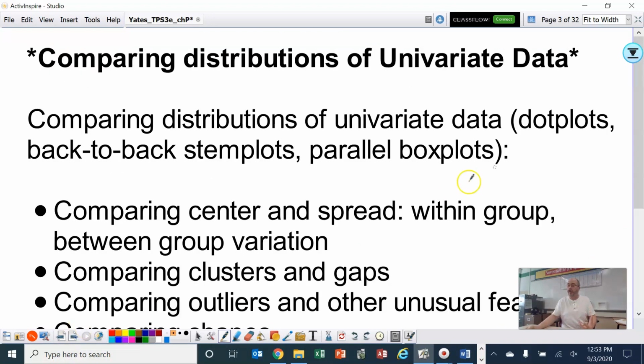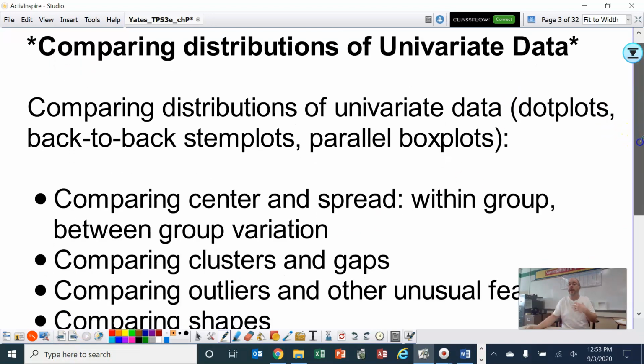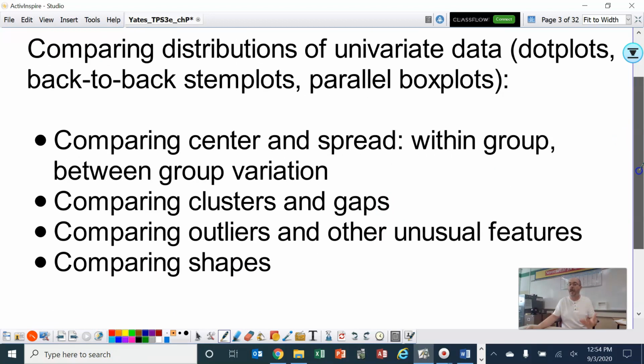All right, we're going to compare distributions. Okay, we're going to compare dot plots. We're going to compare back-to-back stem plots. We're going to compare parallel box plots. We're going to look at displays where we're going to be able to compare them. When we compare them, what are we going to look at? Well, it's almost like the same thing we just saw. We're going to compare the center. We're going to compare the spread.